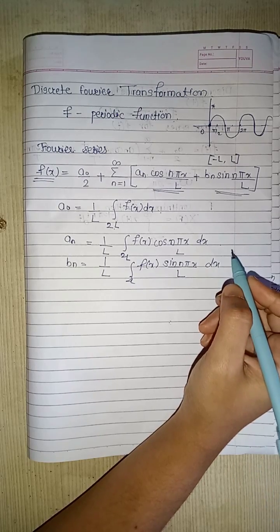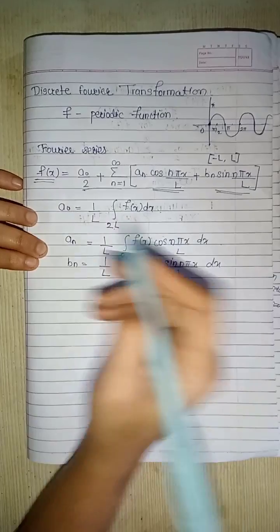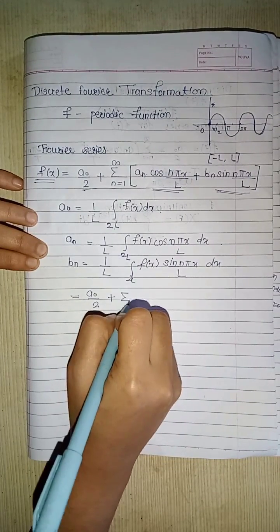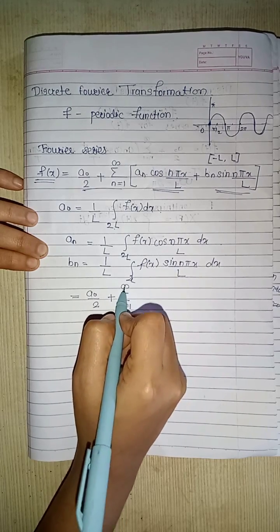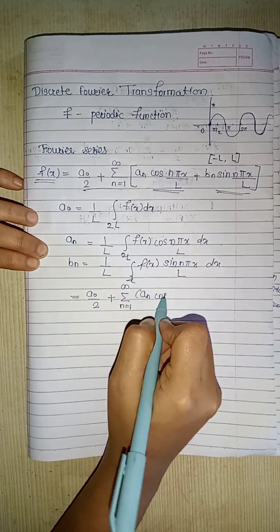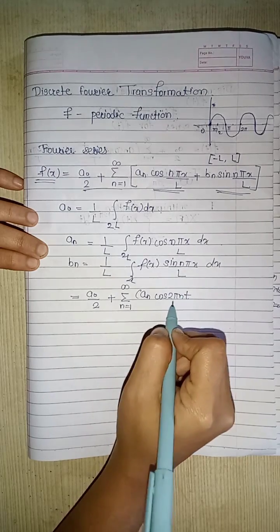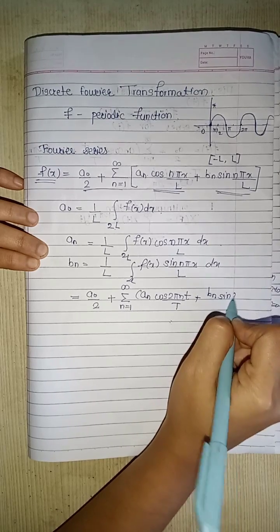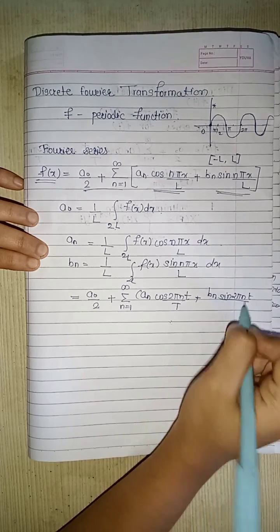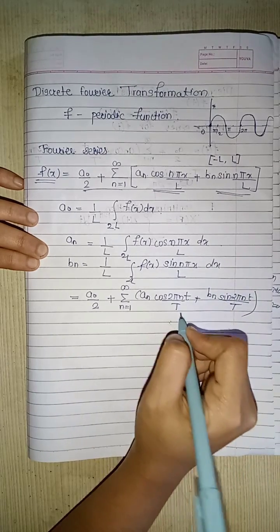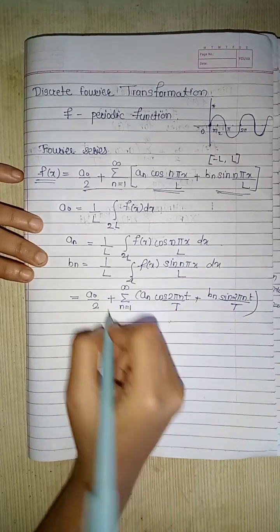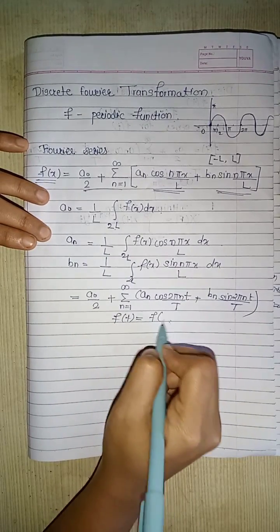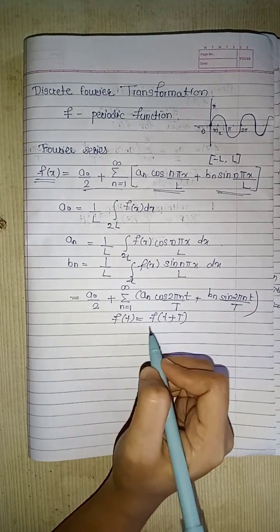Another way of representing this Fourier series is a0 upon 2 plus summation n equals 1 to infinity of an cos of 2 pi nt upon capital T plus bn sin of 2 pi nt upon capital T. This capital T is nothing but the period, that is, if f of t is a periodic function, then f of t plus capital T equals f of t.